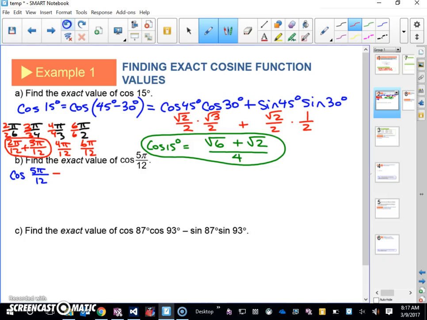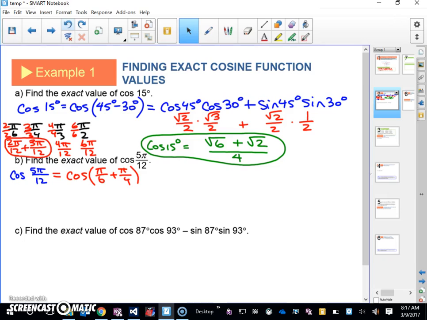And so I'm going to use a cosine sum. I'm not going to say 2 pi over 12 and 3 pi over 12. I'm going to use the reduced versions, pi over 6 plus pi over 4, which is the same thing as 2 pi over 12 plus 3 pi over 12.